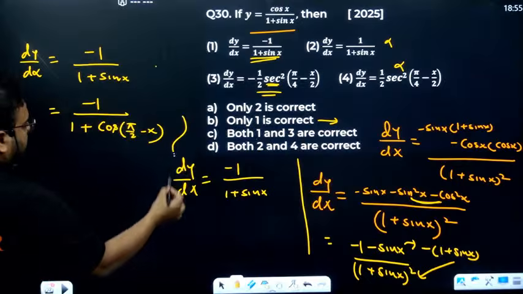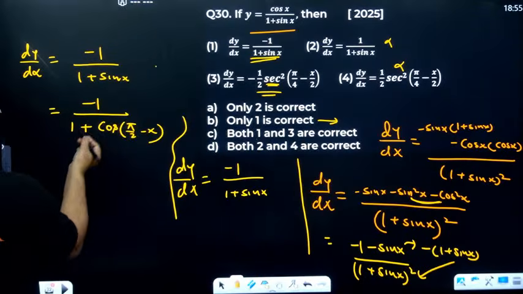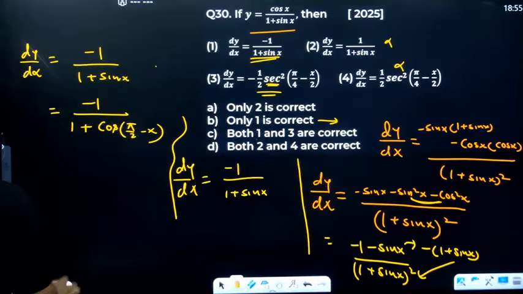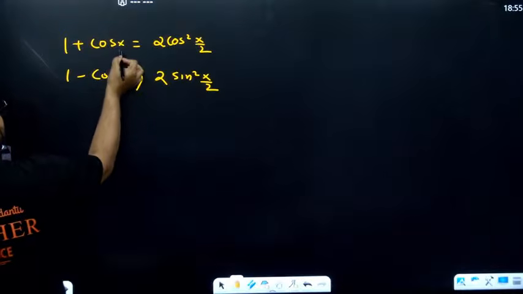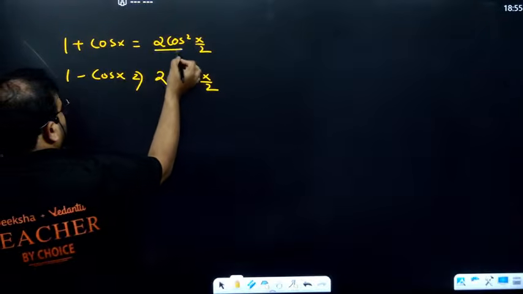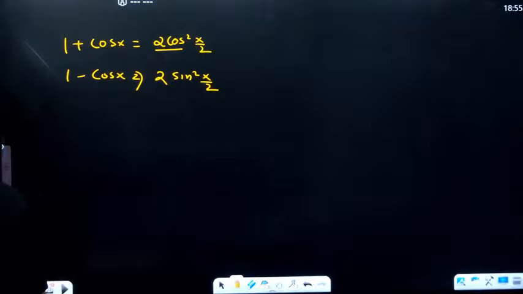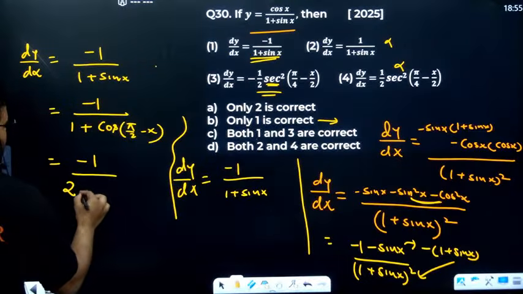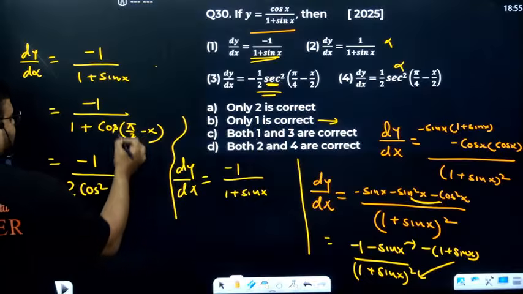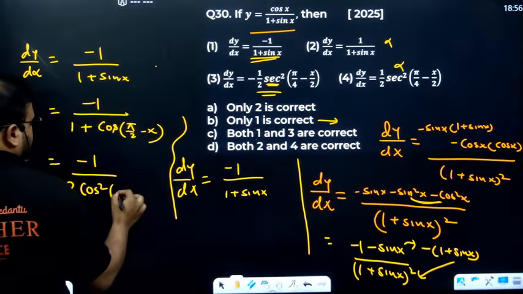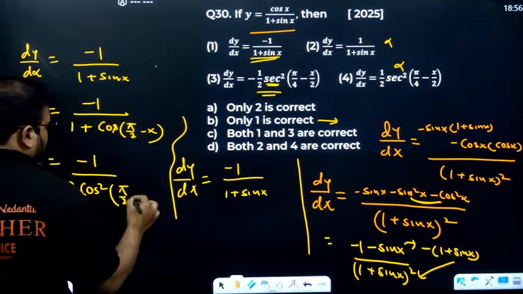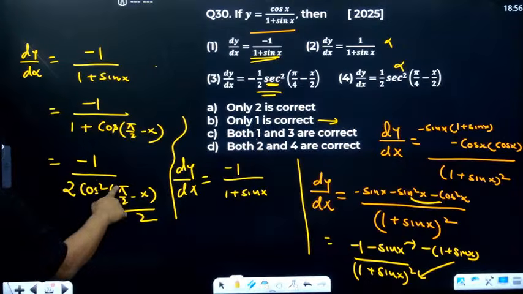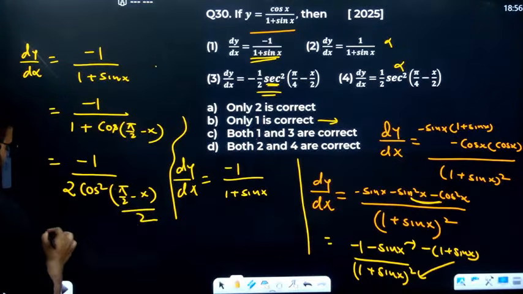Please be careful. So you have minus 1 upon 1 plus cos. Let's say this is whatever this angle is over here. If I apply the same rule, if this was x, the answer is 2 cos square x by 2. So write minus 1 upon 2 cos square, whatever is angle over here, by 2. So pi by 2 minus x whole by 2. It will become pi by 4 minus x by 2.